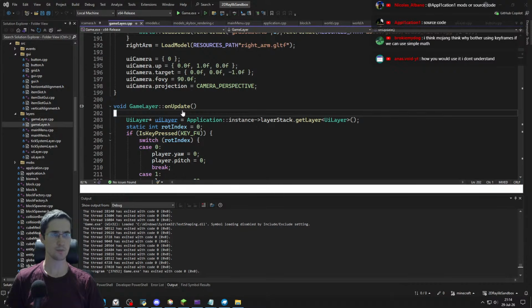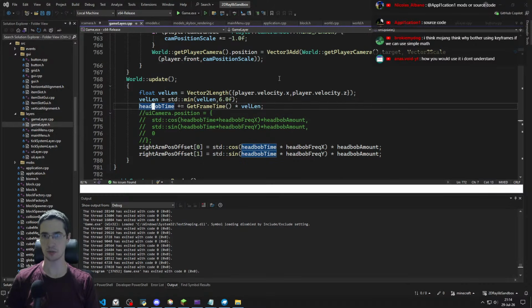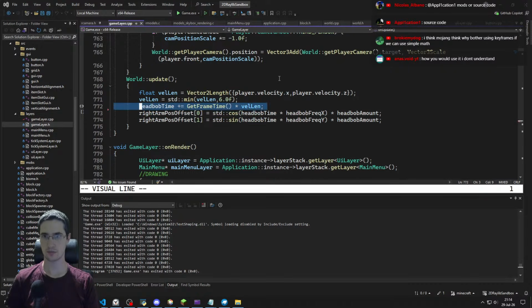We need to change both the position and the rotation. Let's remove the view bobbing, the head bob. Let's remove this.